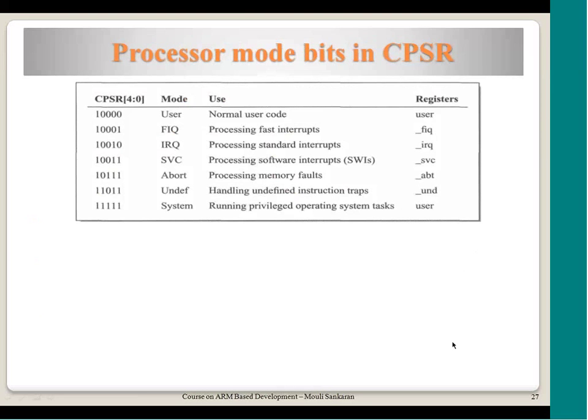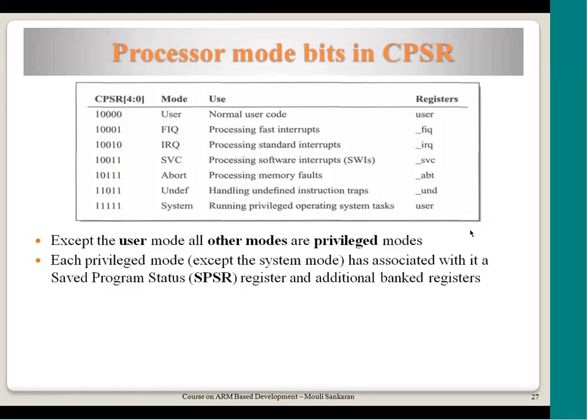Let us see now what are the different modes supported by the ARM. Except the user mode, which is at the top, all other modes are privileged. Okay, that means in these modes the CPSR can be modified. This also has an additional feature.